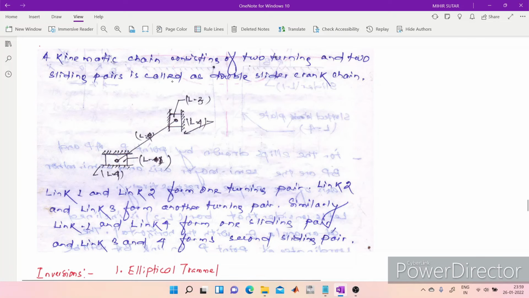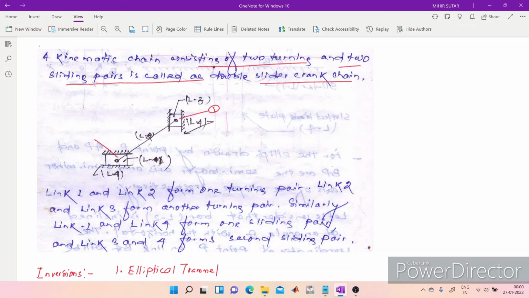Here a kinematic chain consisting of 2 turning and 2 sliding pairs is known as a double slider crank chain. Here you can see we have 2 sliders, this is one slider, this one is another slider. Link 1 and link 2 form one turning pair.